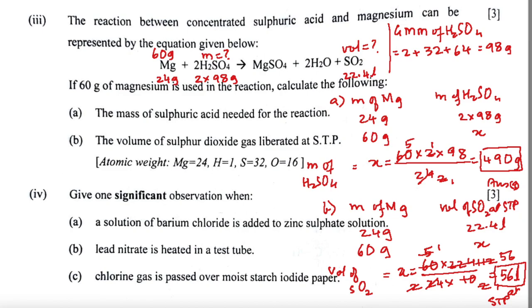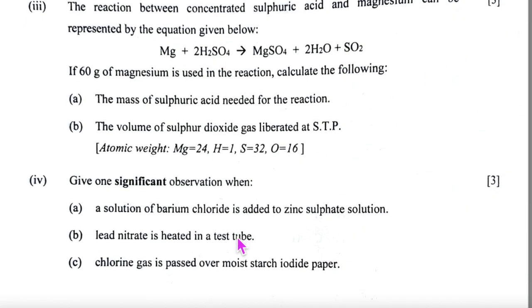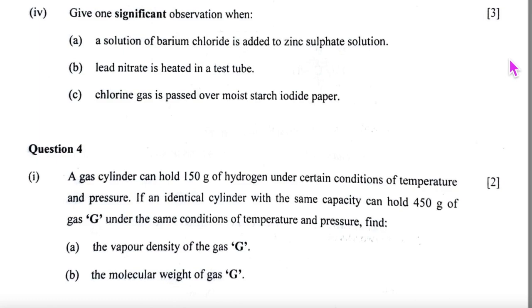Let us look at the fourth subpart. The fourth subpart is for 3 marks. Give one significant observation when a solution of barium chloride is added to zinc sulfate solution. For your A, barium will take this sulfate radical and zinc will form zinc chloride. Now barium sulfate is a precipitate.